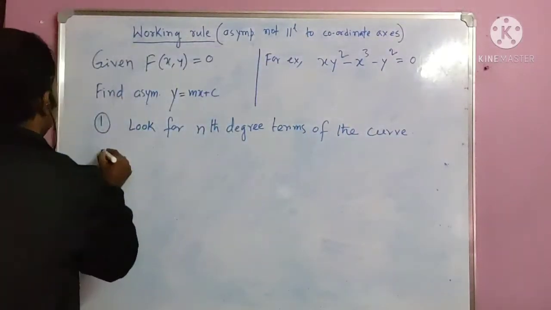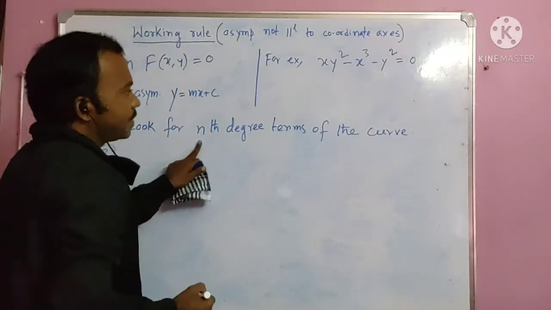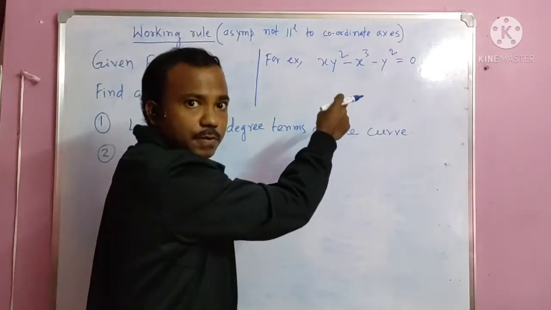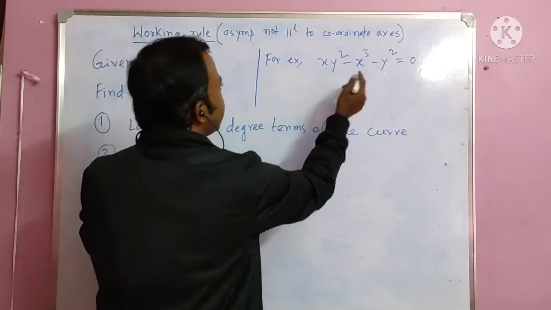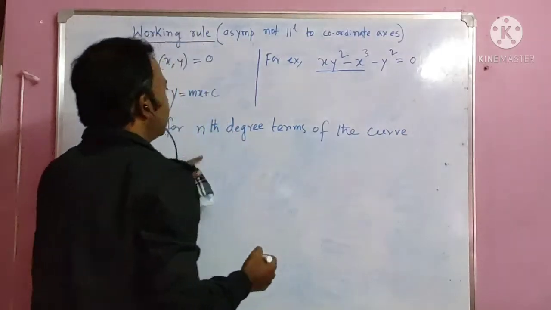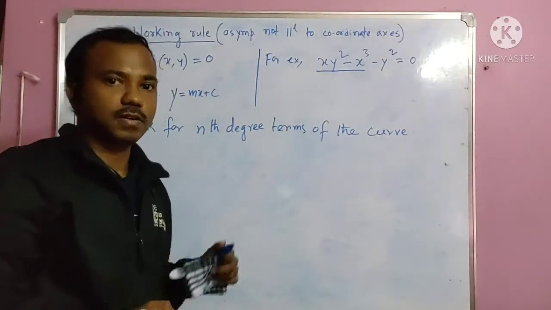So who are the nth degree terms of the curve? Nth degree is the highest degree. Here for this particular curve, what is the highest degree? The highest degree is 3. This portion becomes the third degree terms of the curve.